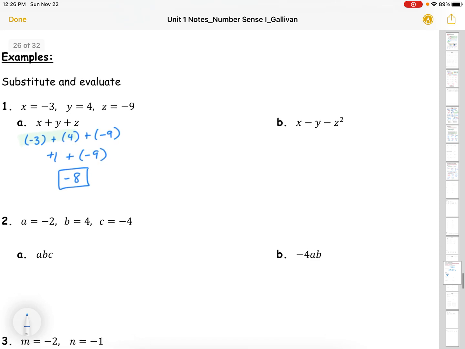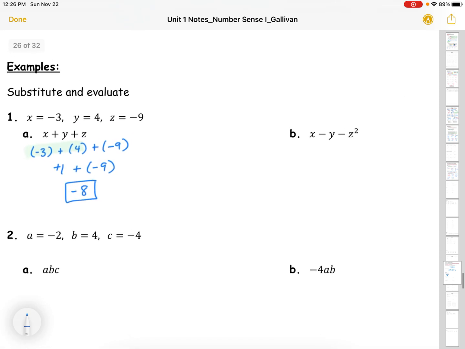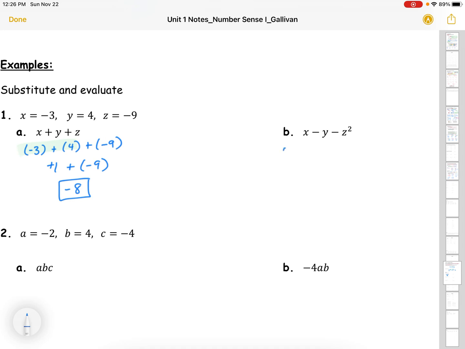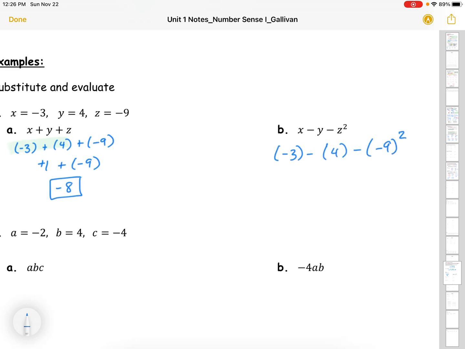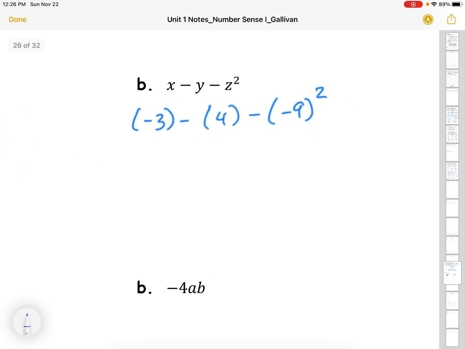And these are the same values for x and y here. So x is (negative 3) minus (4) minus (negative 9) squared. So you see how I have brackets around all of them. Now let's solve. We're going to do our exponents first, right?